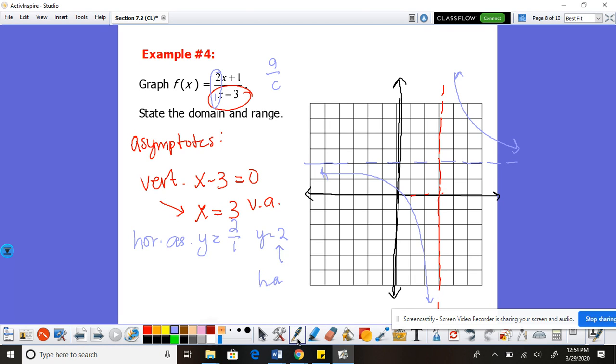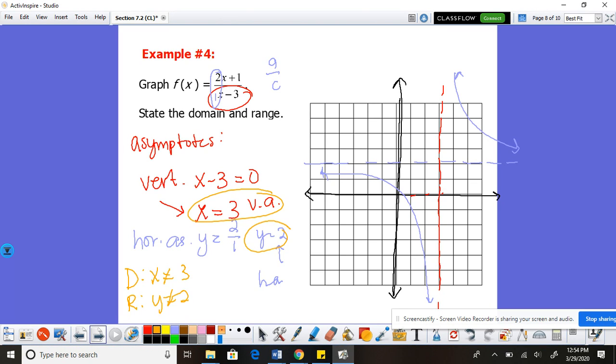The domain and range, guys, these come straight from your asymptotes. So my domain, what can x not equal? Well, x can't equal 3. And my range, what can y not equal? My y cannot equal 2. Notice my x equals 3 is my vertical asymptote, and y equals 2 is my horizontal asymptote.